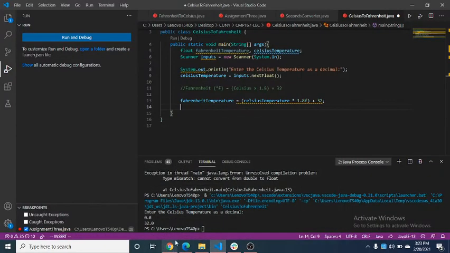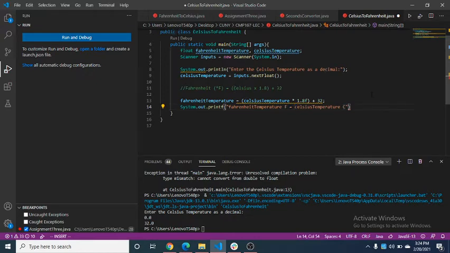Copy. And we can do System.out. Remember, we're going to use printf. Sorry. But this is going to be the opposite. We're going to do it opposite.